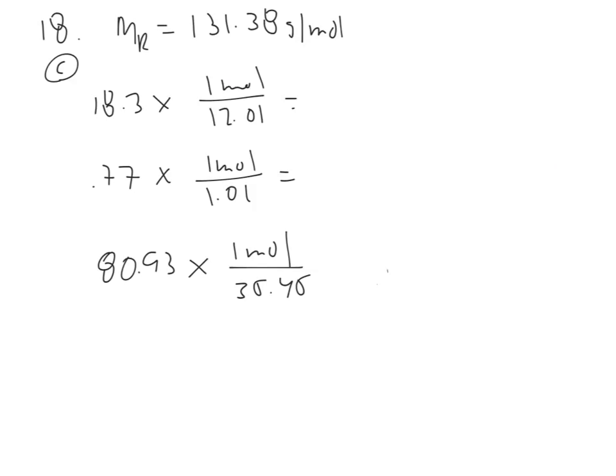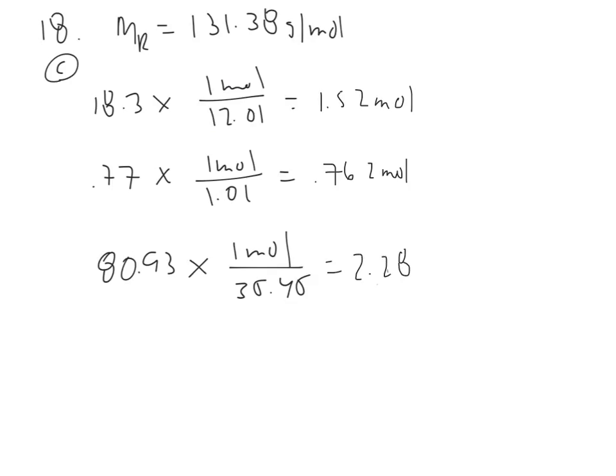So then finally part C wants an empirical formula, or a molecular formula, I guess, if the molar mass was determined to be 131.38. So first I'll need an empirical formula. So 18.3% or 18.3 grams of carbon would translate to 1.52 moles. 0.77 of hydrogen would become 0.76 moles, 0.762 if I keep 3 sig figs, and the 80.93 would become 2.28 moles.